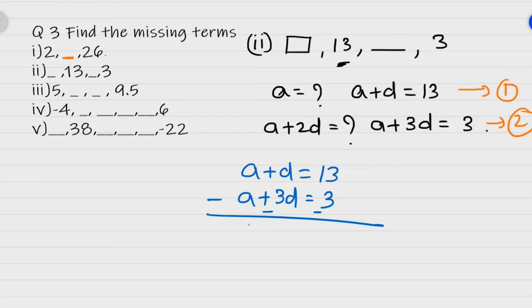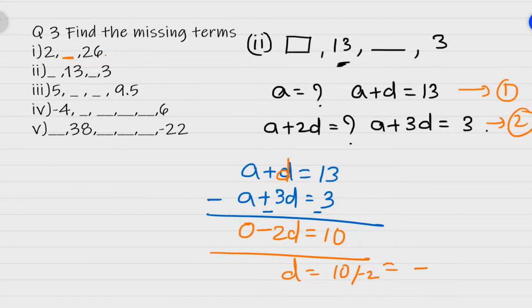Now see what you are getting. A minus A, you are getting 0 here, so no problem. D minus 3D, you are getting minus 2D, equal to 13 minus 3, you are getting 10. Okay. So from here D will be equal to 10 by minus 2, that will be equal to minus 5. Your D is equal to minus 5.